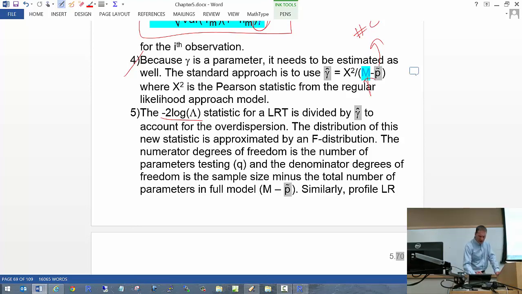But what we can do is this. We take the negative 2 log lambda. You still can use it to do a hypothesis test. We have to divide it by gamma hat. And instead of using a chi-square distribution, we now use an F distribution, where the numerator degrees of freedom is Q, and the denominator is M minus p tilde. Large values indicate evidence against the null hypothesis, just like before. So for now, we're just using a different distribution.